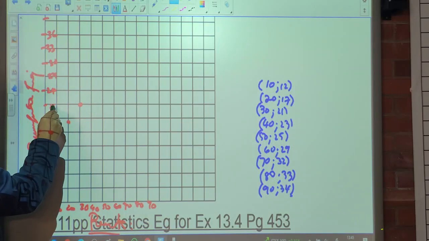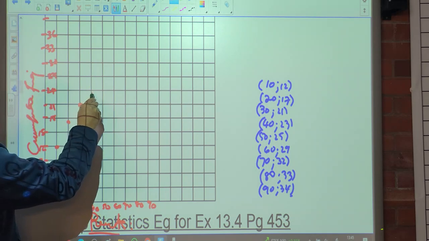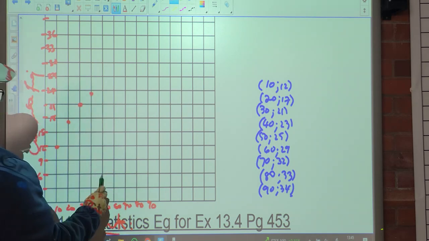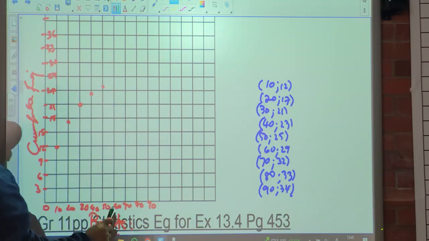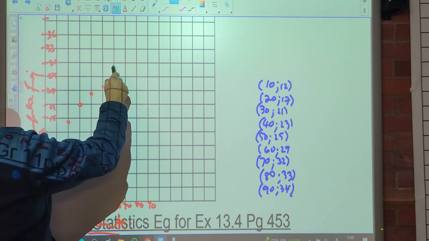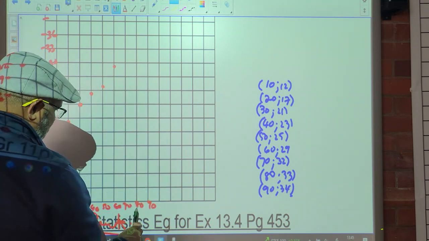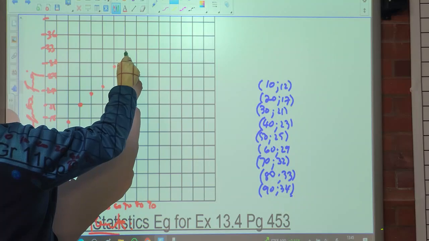It's on that line. And then 40 and 23 is just less than 24. 50 and 25 is just above 24. 60 and 29, 27 is less than 30. And then 70 and 32, just less than 33.